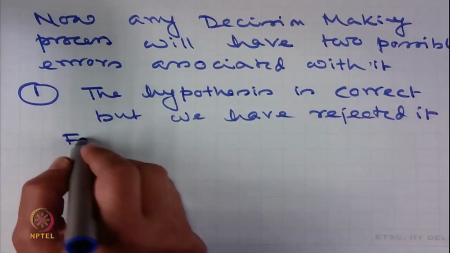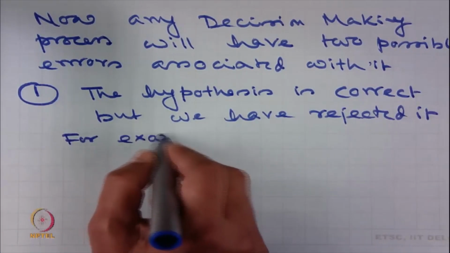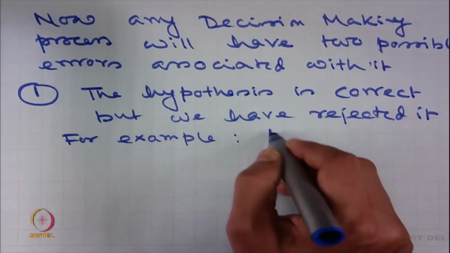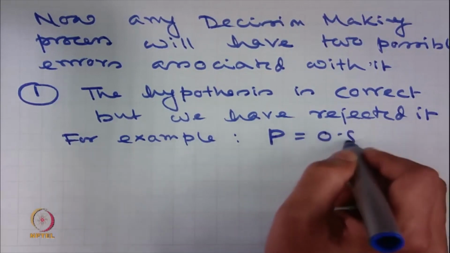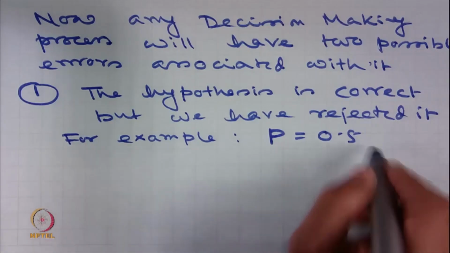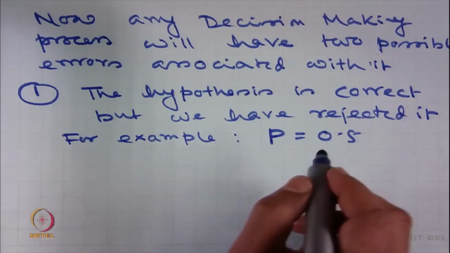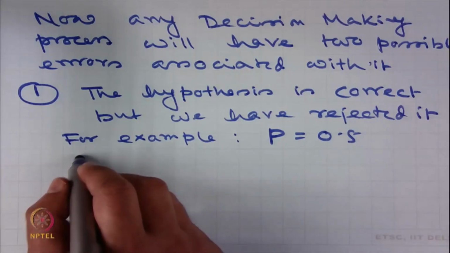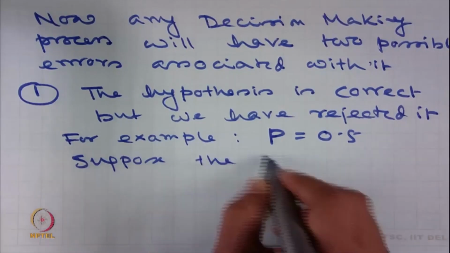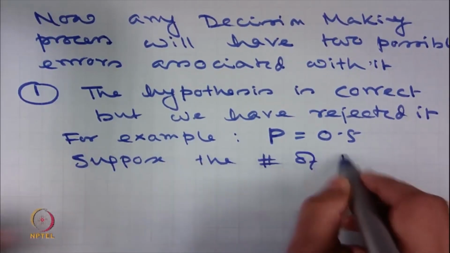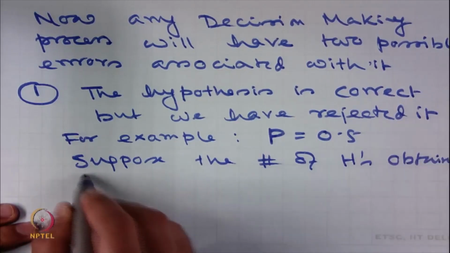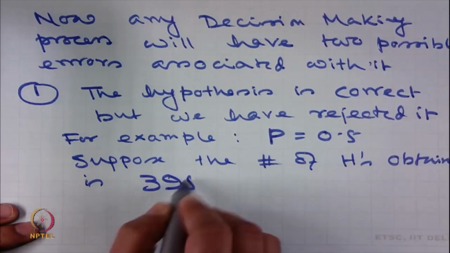For example, P is equal to 0.5 with respect to the above example of tossing the coin 1000 times, and suppose the number of heads obtained is 395.